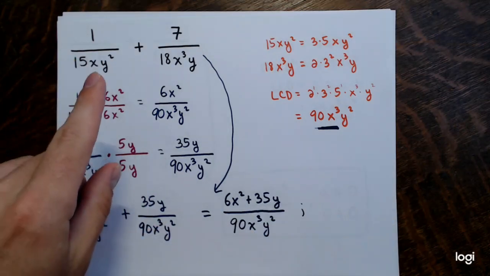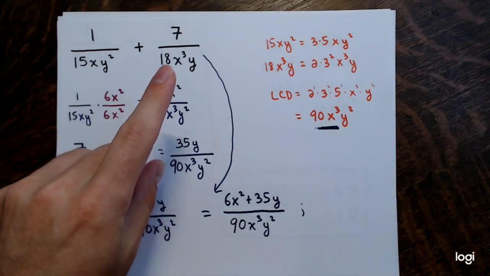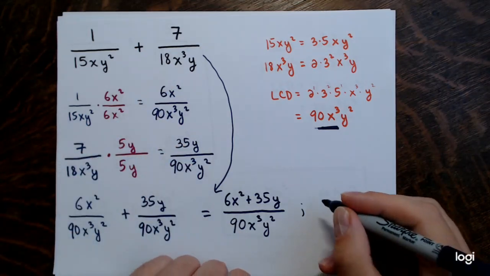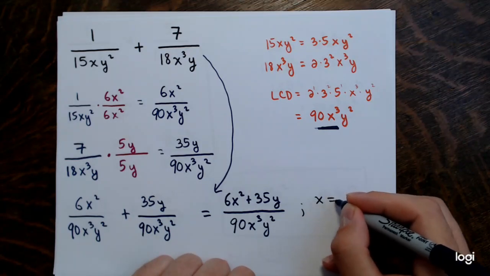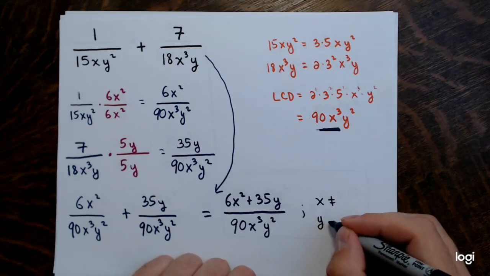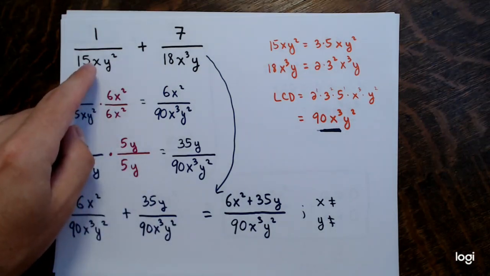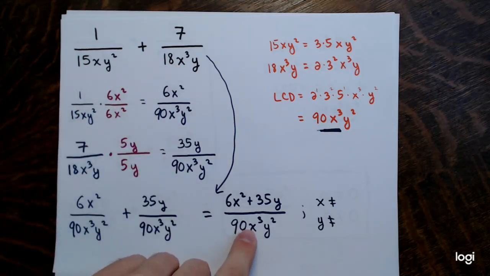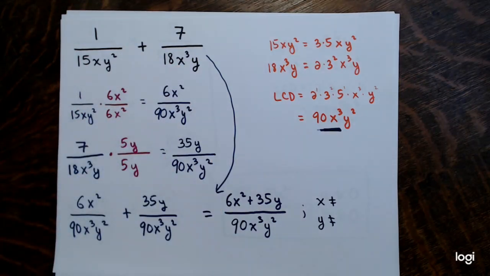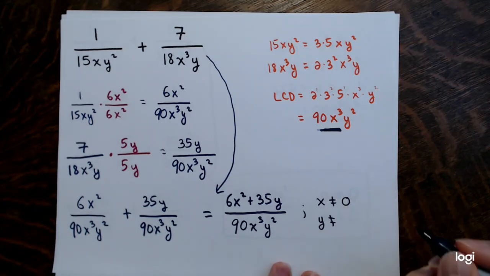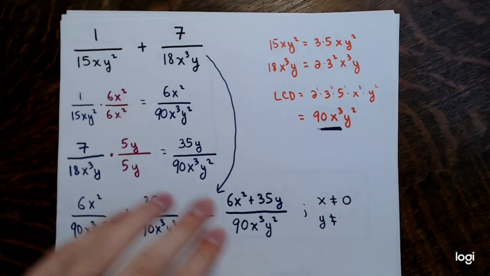So this fraction plus this fraction, whatever those values are, will be equal to this fraction here. But not all the time. The value of x can't be certain things, the value of y can't be certain things, and hopefully you're seeing that they can't be 0. Because I have factors of x, x cubed, showing up in my denominators, so x cannot be 0, because then I'll be dividing by 0, I'll have denominators of 0.